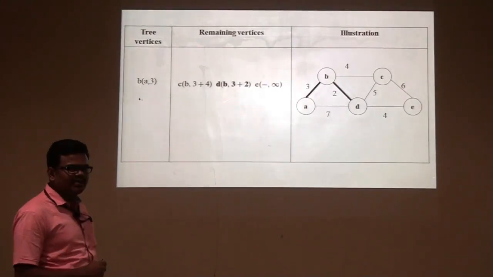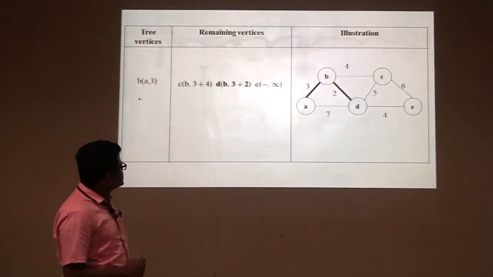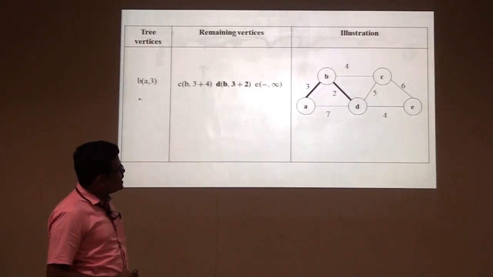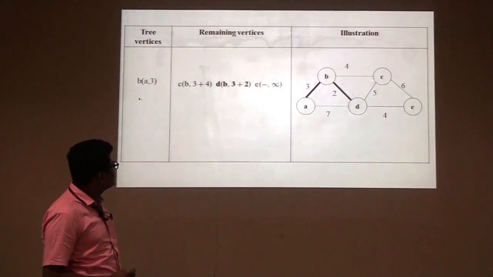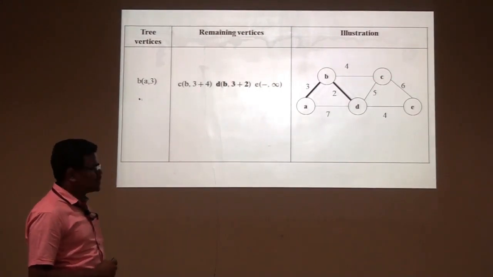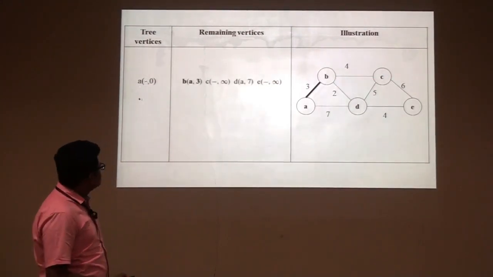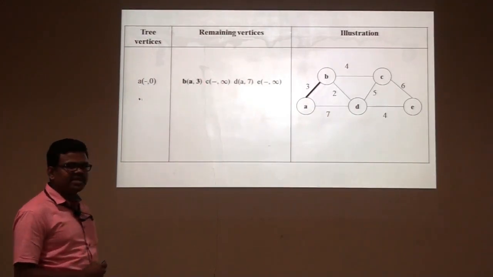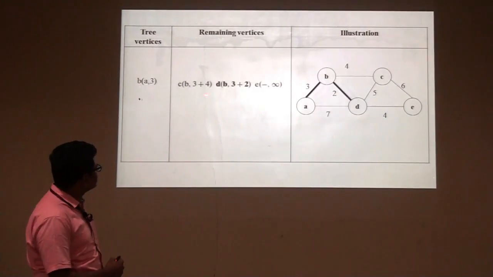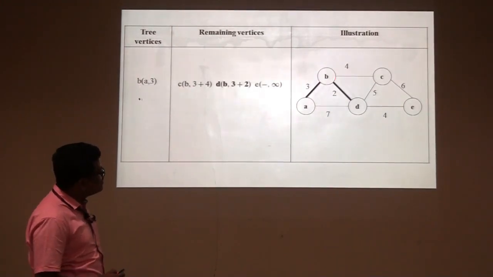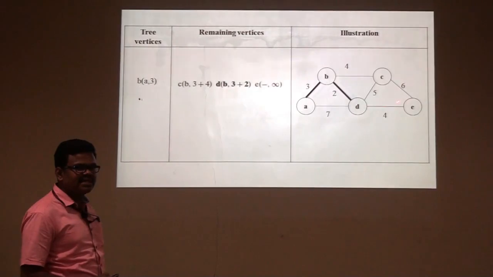We have selected the B vertex. From the B vertex we can go to C and D, so we can visit both vertices and we update the cost. Before, we did not have any path to C, but now after visiting B we can reach the C node.